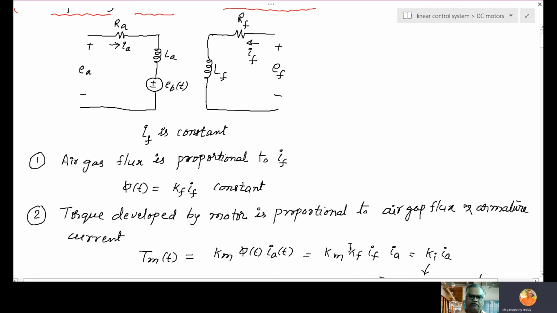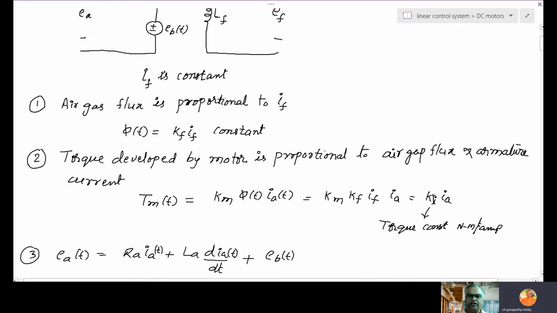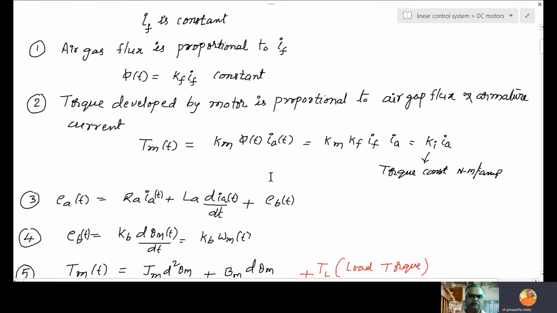If is constant, Kf constant, Km constant. So all of them are replaced with Ki into Ia. This Ki is called the torque constant, in newton meters per ampere. So finally, torque is controlled by the armature current Ia. These are two important laws.